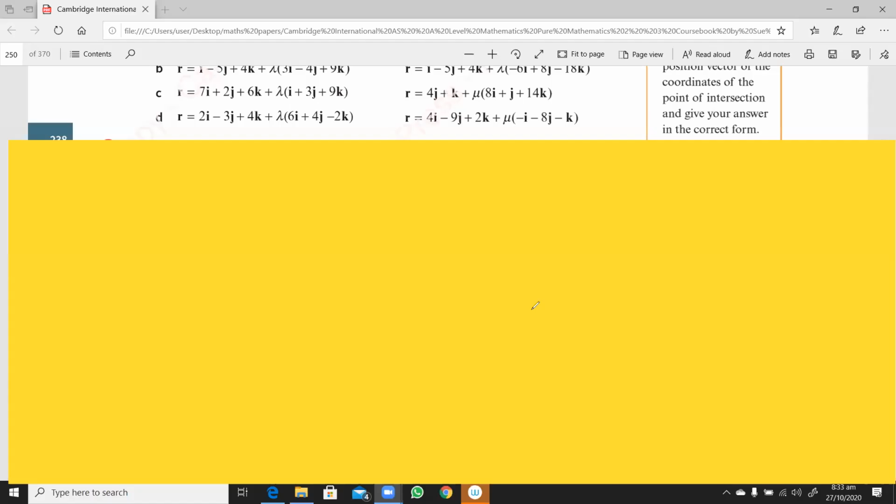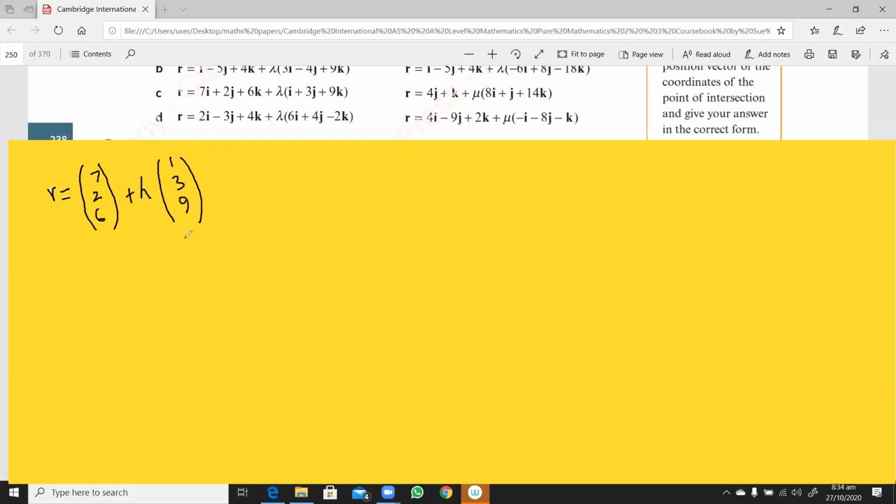Okay, now let's try this part C. Now we have the first equation, R is equal to, I'll be writing it as, you see, I've told you that I prefer working in matrix form. So I'll be writing it as 7, 2, 6 and then plus lambda into 1, 3, 9.